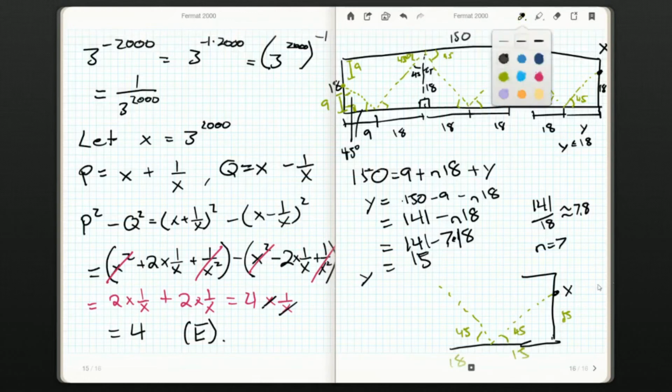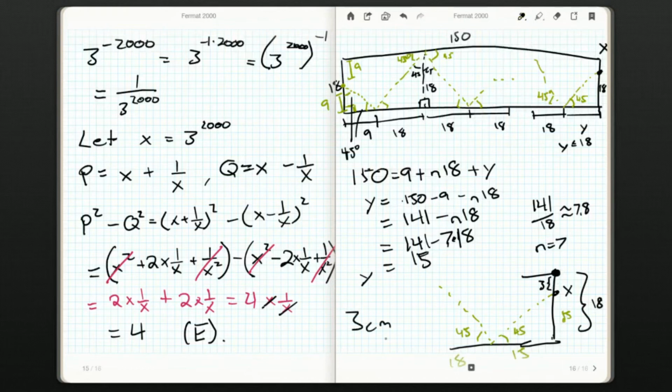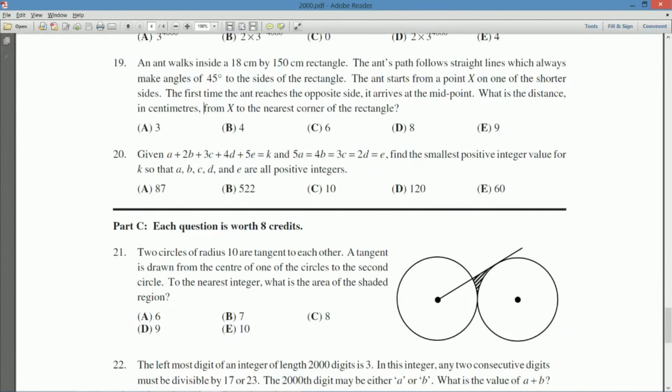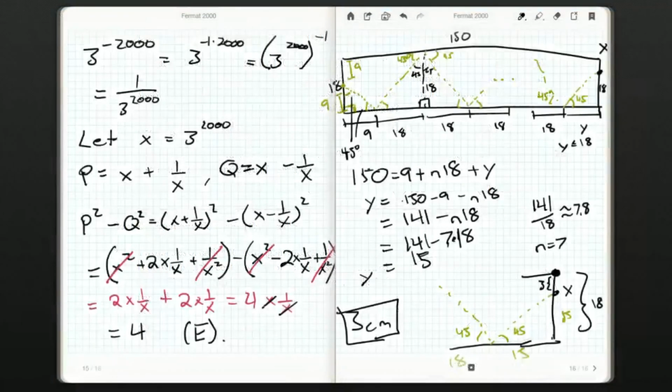So with a height of this side of 18, the closest he is to the top right corner is a distance of 3. So 3 centimeters to the nearest corner. And let's figure out, is 3 centimeters one of the answers? What's the distance in centimeters to the nearest corner? 3. So the answer is A.